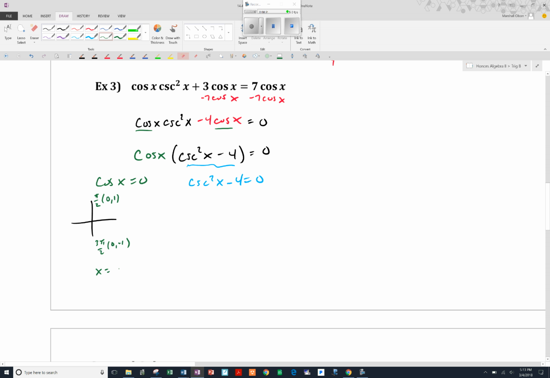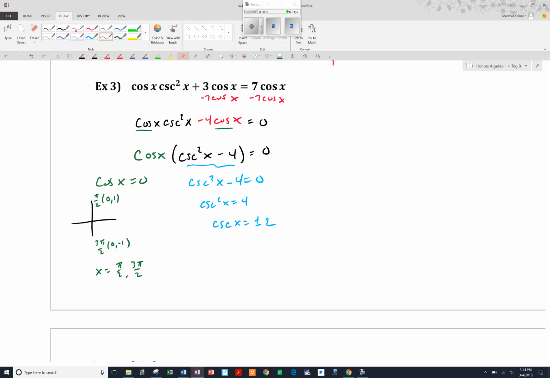So this equation gives us pi over 2 and 3 pi over 2. This other equation gives us, let's see, if I take the square root here, we get positive, negative 2. So we're looking for where cosecant would be positive and negative 2. Well, I know cosecant is the reciprocal of sine. So if I had my big table with all the values in it, I could kind of think through that.